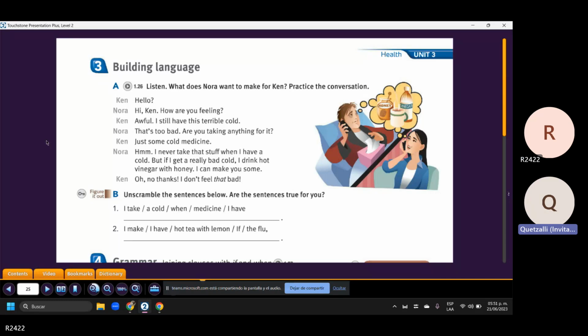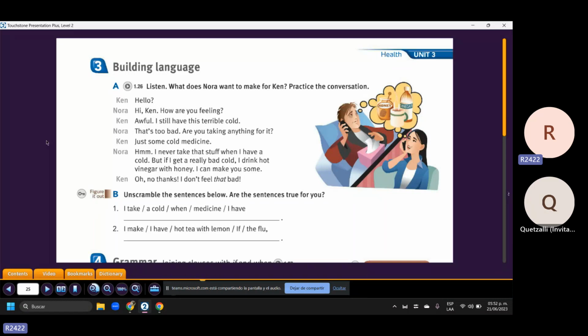Not really, just honey with lemon or teas or something like that. Okay, yeah. Well, good. Well, now we are going to do the next activity.